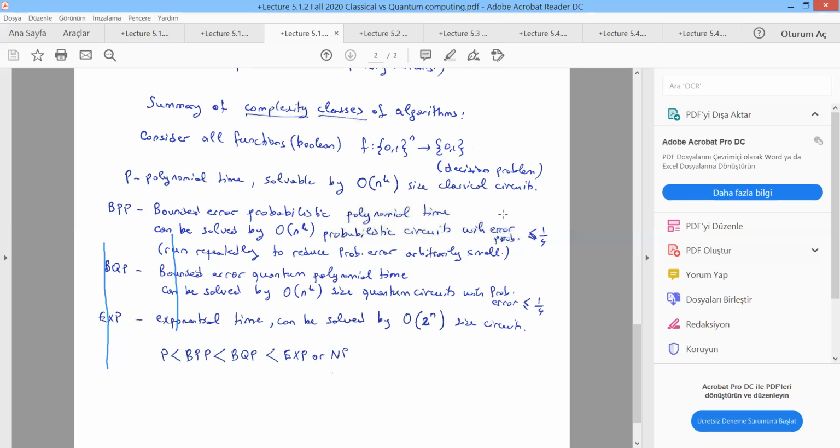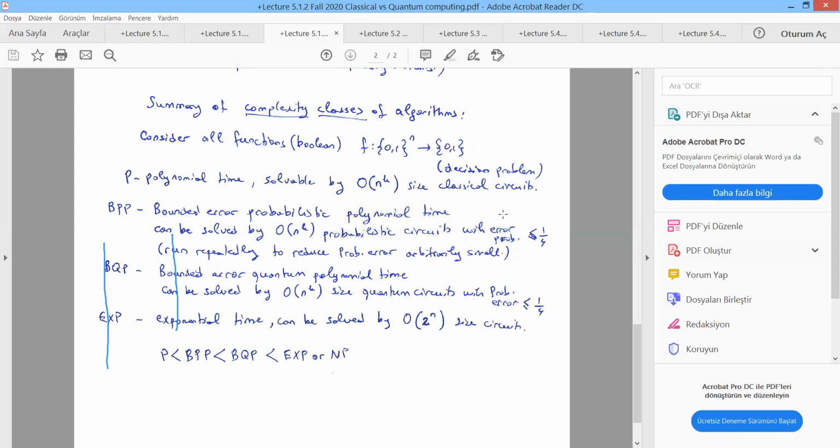This 1 over 4 may seem to be a large number for an error, but if you run this kind of algorithm repeatedly, you can reduce the error probability arbitrarily small. So this kind of problem is considered to be in the BPP class, bounded error probabilistic polynomial time algorithms.